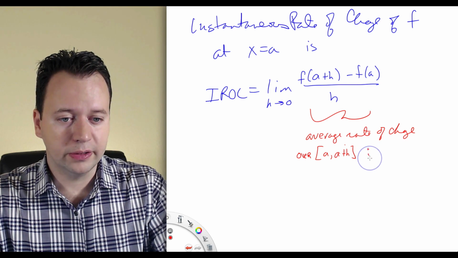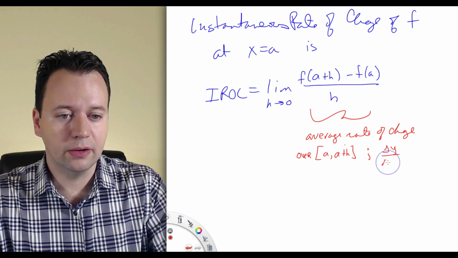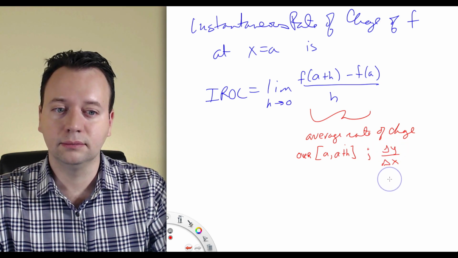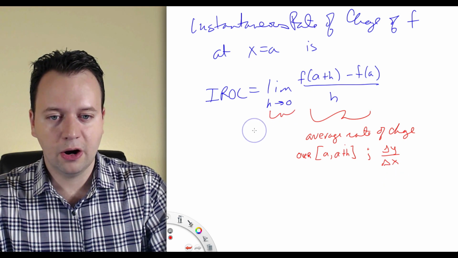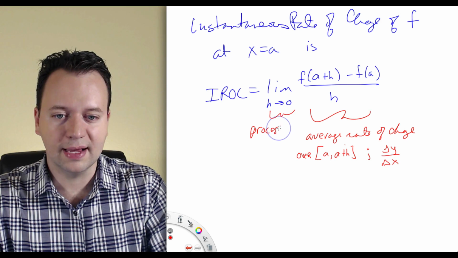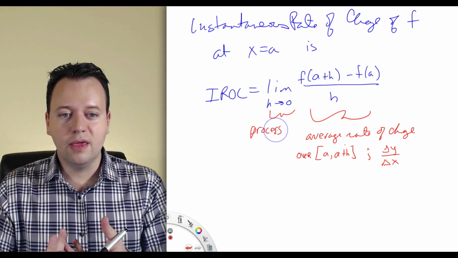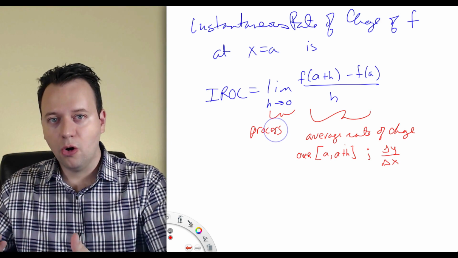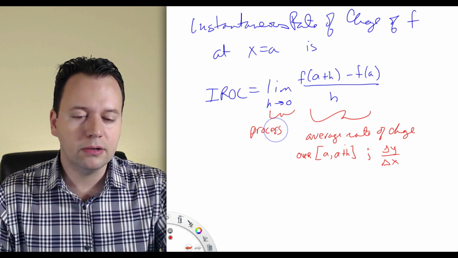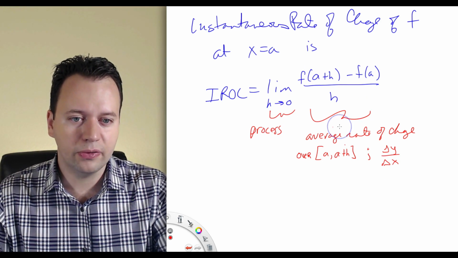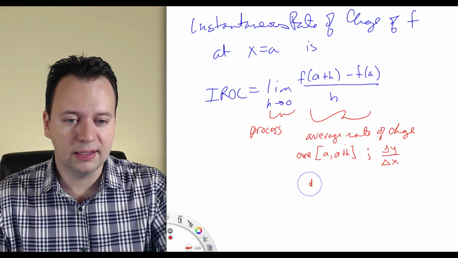In other words, it's a delta y over a delta x. Right? And then in the limit, here we have a process. So we compute this average rate of change over and over again for smaller and smaller intervals. Another term used to describe this average rate of change is a difference quotient.